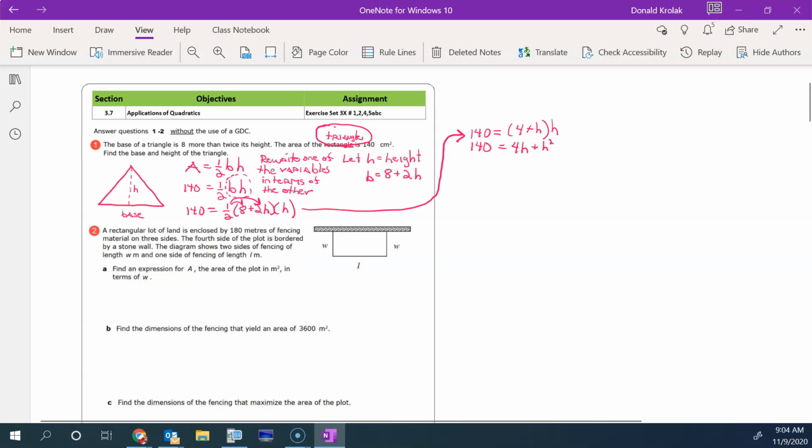So, I'm going to bring the 140 over. So I have h squared plus 4h minus 140. I don't know if you can factor that. Let's see. What makes 140? Oh, 14 and 10. Duh.